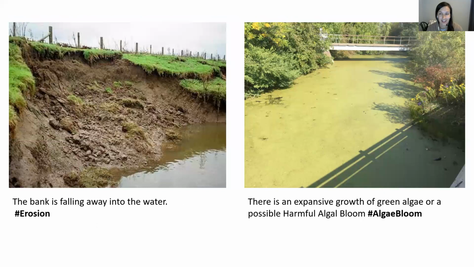Do you notice severe erosion where a waterway bank is just falling and collapsing into the water? This can cause a lot of sedimentation and a lot of issues. Maybe we'd want to communicate with the landowner to discuss possible solutions.